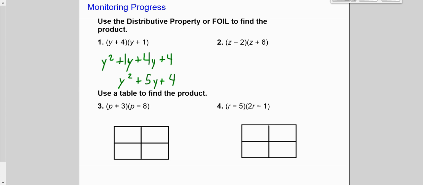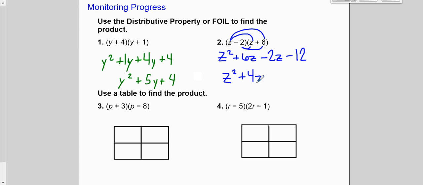Check your answer to number 1 and then try number 2. Check your answer with mine.